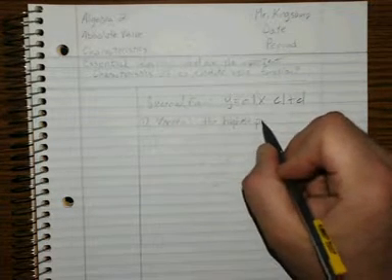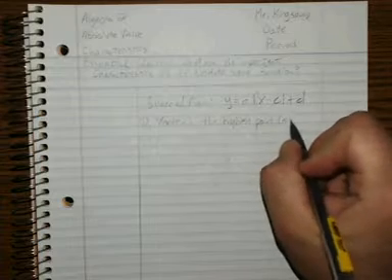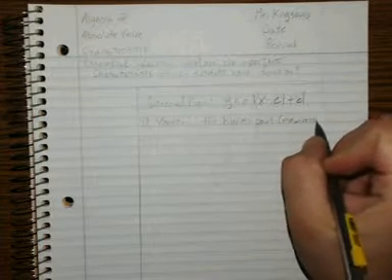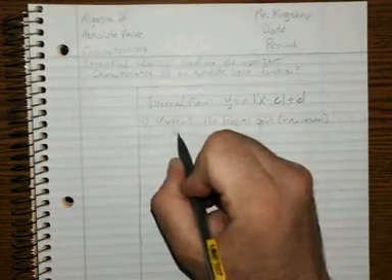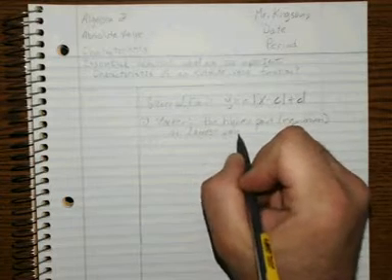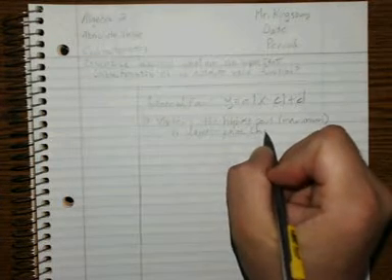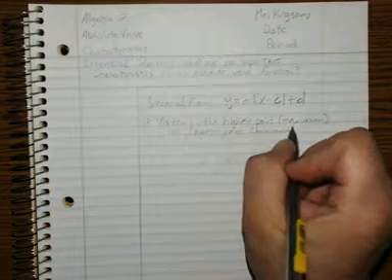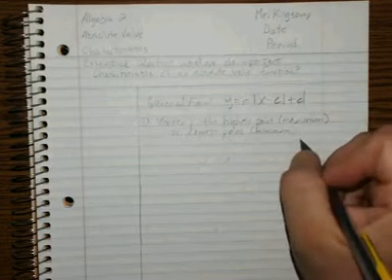So we'll say the highest point, which is called a maximum, or the lowest point, which we'll call a minimum, on the graph.